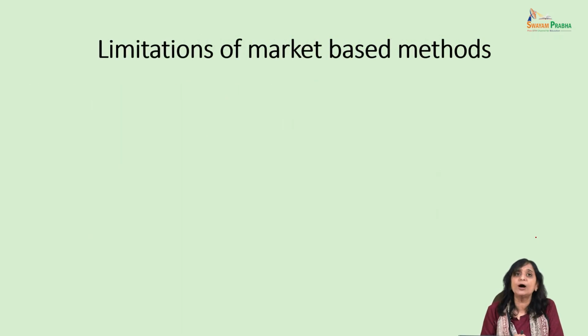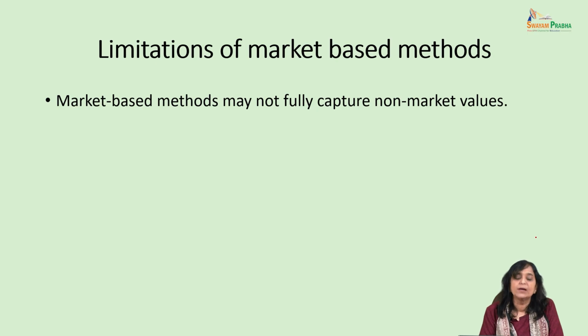So we have talked about 4 types of market cost-based methods. Let us understand what are the limitations. The first is that they may not fully capture non-market value. Since we are talking about environmental valuation using the market price of goods and services, generally the non-market valuation, which are intangible.